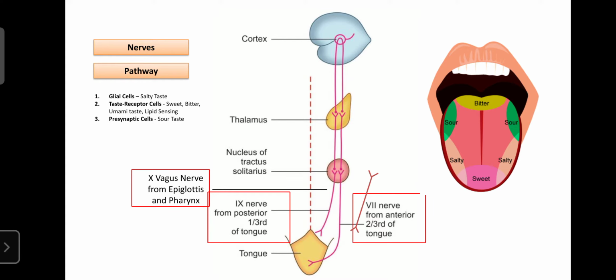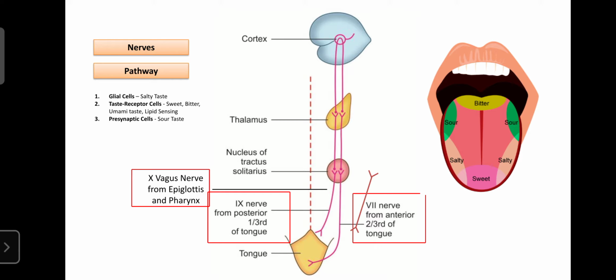So dear students, in the physiology of taste, these different types of cells are involved: glial cells in the salty taste detection, taste receptor cells in the sweet, bitter, umami taste and lipid sensing, and presynaptic cells in the sour taste. When food enters the oral cavity, these cells convert the stimulus into an action potential.